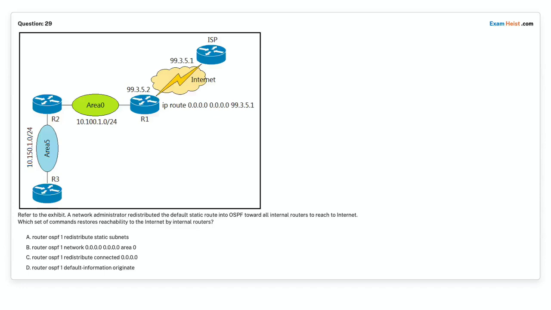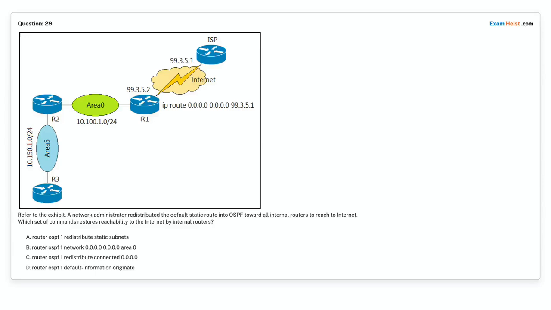Question 29. Refer to the exhibit. A network administrator redistributed the default static route into OSPF toward all internal routers to reach the Internet. Which set of commands restores reachability to the Internet by internal routers? Option A. router ospf 1, redistribute static subnets.